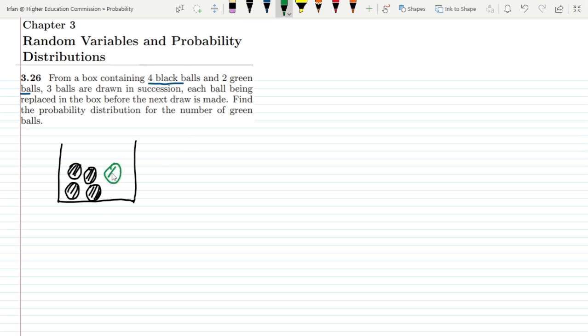Okay, so these are 1 and 2. Okay, so out of these balls, what do we have to do? We have to select, let me use another color for it, which is this one. We have to select 3 balls, okay, which are selected randomly, and another statement has been given here, and that is the with replacement.